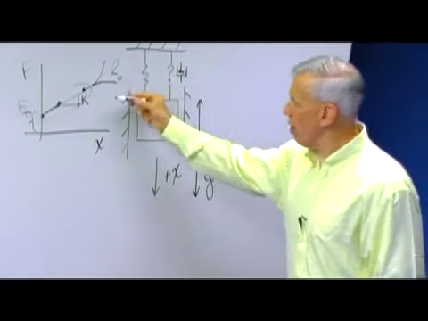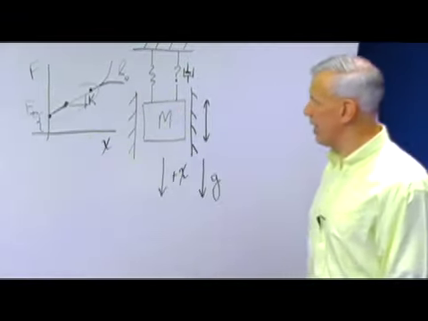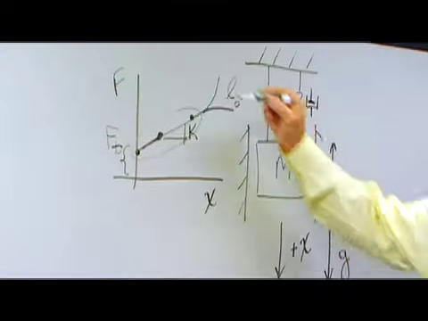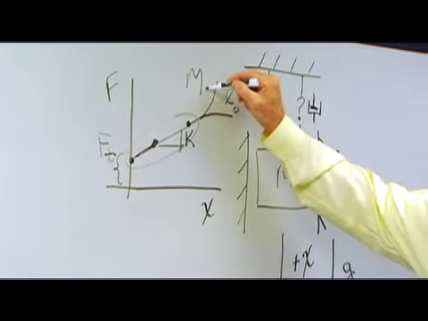So we see there are really four parameters: L0, K, F sub t, and of course, the mass of the spring.